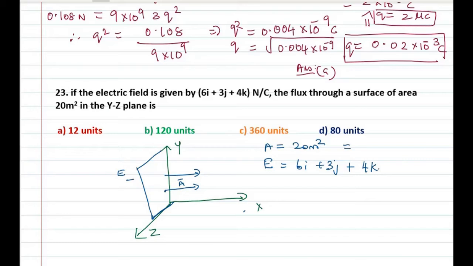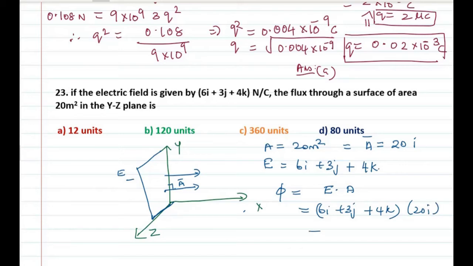The area vector is perpendicular to the surface and parallel to the x-axis, so in terms of the area vector it will be 20i. Therefore flux is equal to E dot A. So 6i plus 3j plus 4k multiplied with 20i. We get 120 units. So flux is equal to 120 units. The option is B.